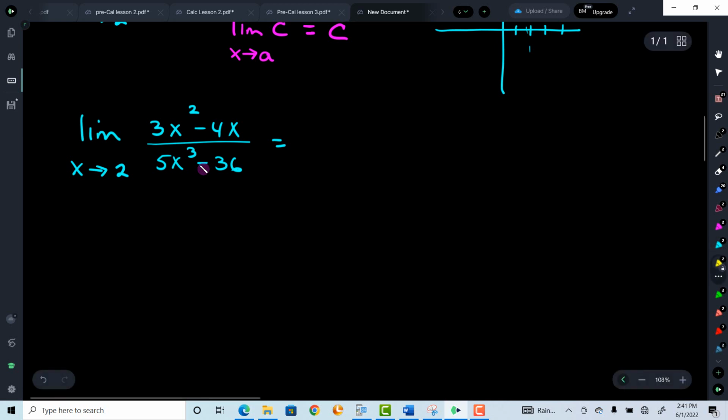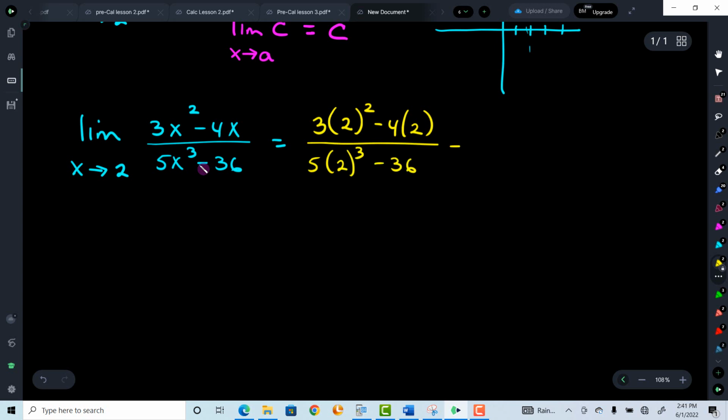Right? So we're going to substitute in the 2. So 3 times 2 squared minus 4 times 2 over 5 times 2 to the 3rd minus 36. So that gives us 3 times 4 is 12 minus 8 over 5 times 8 minus 36.